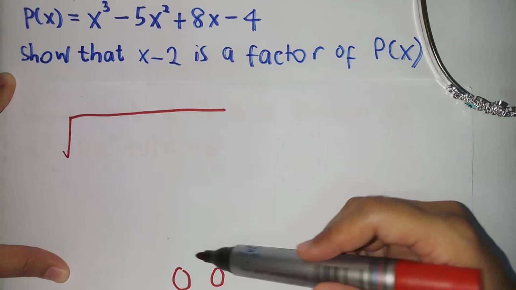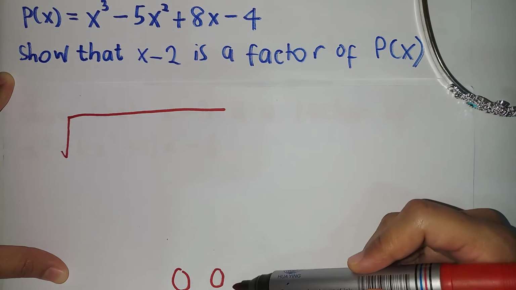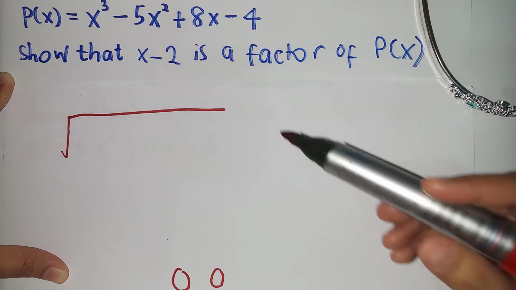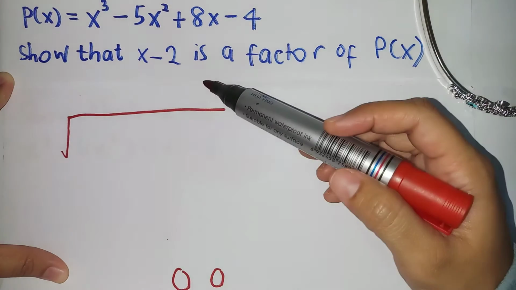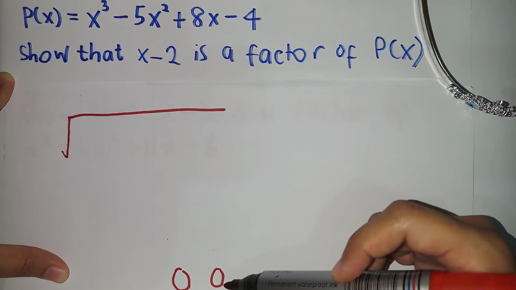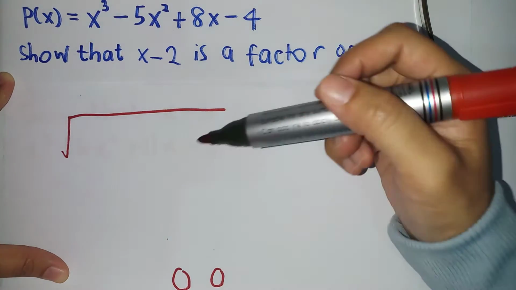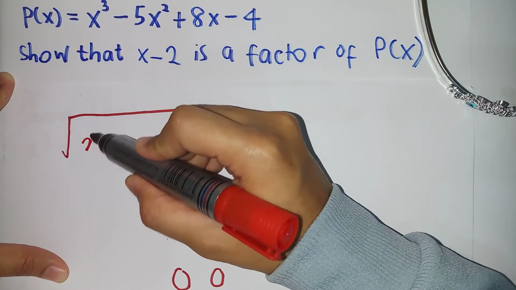If you get another value which is not 0 here, it means x minus 2 is not a factor. If it is a factor, then you need to end up with 0. Good. So let's start with the long division method.